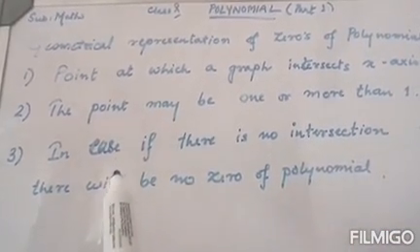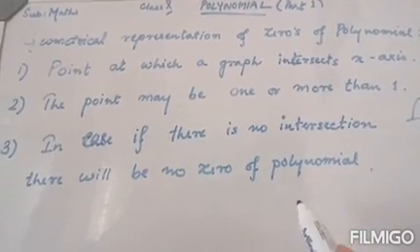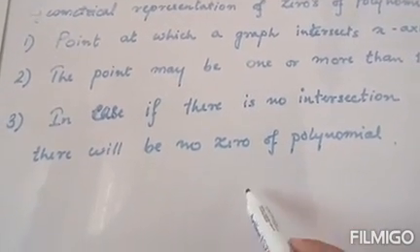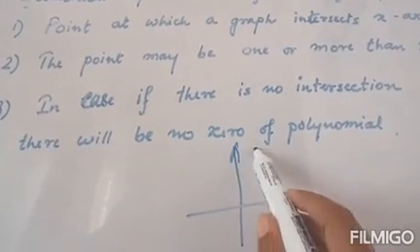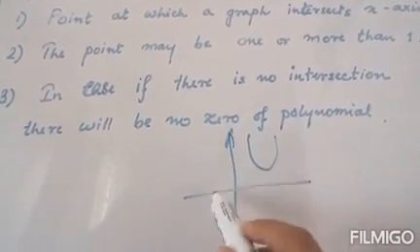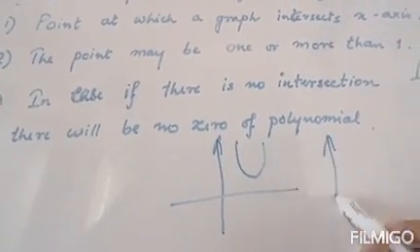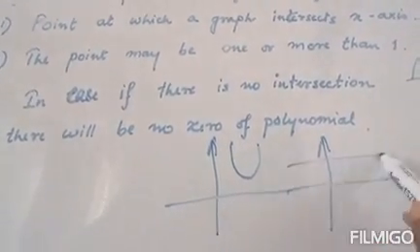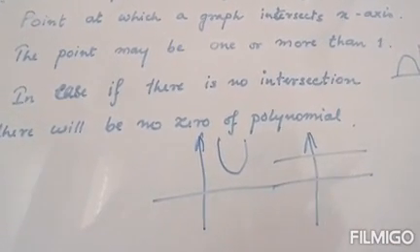Third, in case there is no intersection, there will be no zeros of polynomial. How will it be? Suppose I have a graph like this, and the graph is not intersecting the x-axis at all.